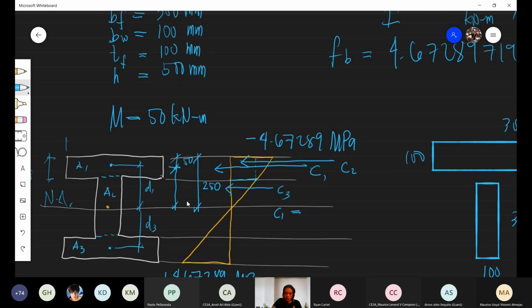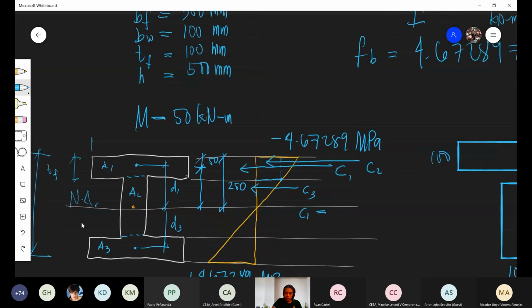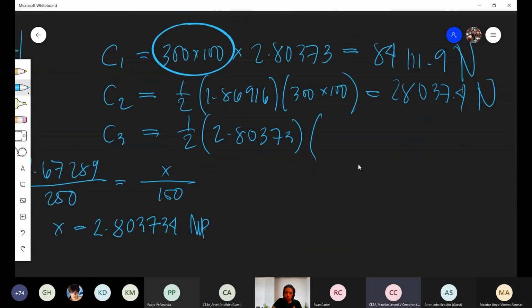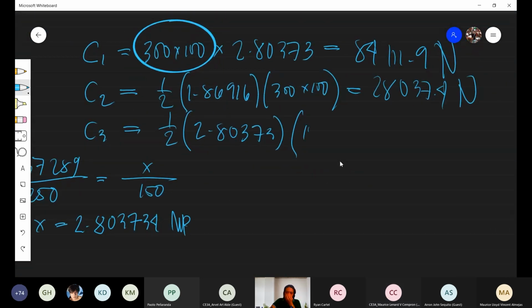What's the area? That is 100, the thickness or width of the web, multiplied by this distance, 150. So that is 100 times 150.